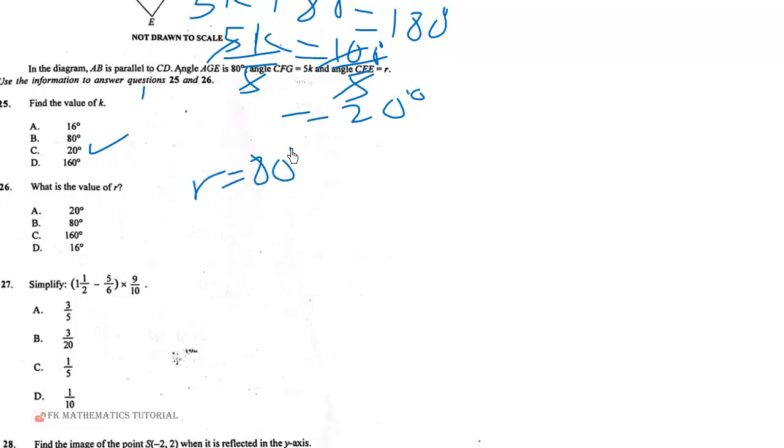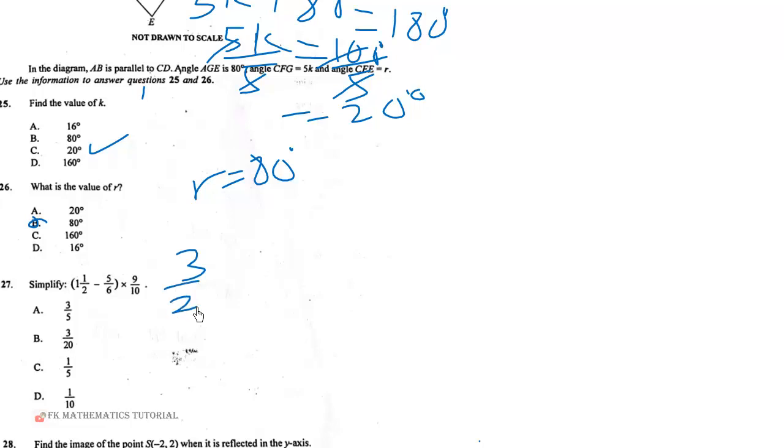Now to simplify, 1 1/2 minus 5/6 times 9/10. So let's change the mixed number to an improper fraction. 1 times 2 is 2, plus 1 is 3.